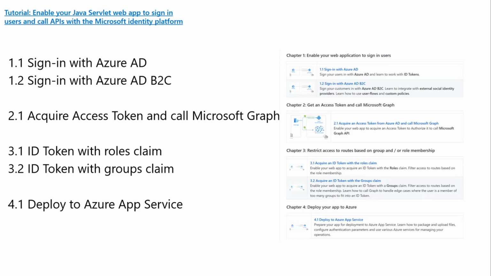And finally, we also show you how to deploy your app to Azure App Service once you've built it. We will go into more details about a sample, and Sam, who's my colleague, will be walking you through a demo and some code snippets. So I'll hand it off to Sam at this point.